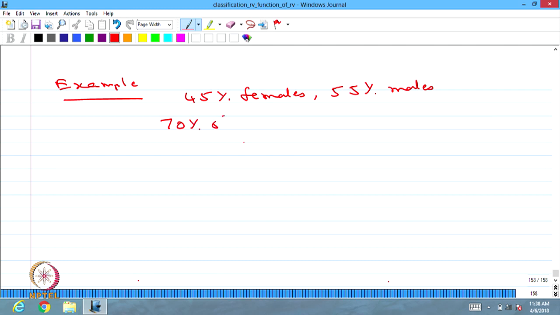Suppose that 70% of the males and 10% of the females smoke.